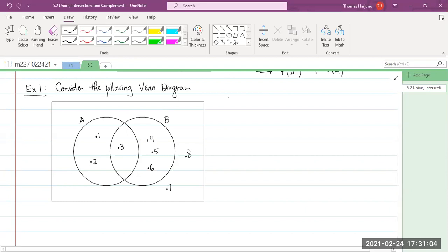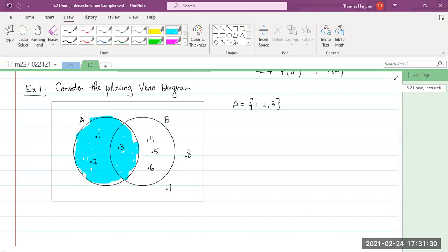This means A has the following elements: 1, 2, 3. Why? Because set A covers this circle, including 3. There are 3 elements in set A, and those elements are 1, 2 and 3.